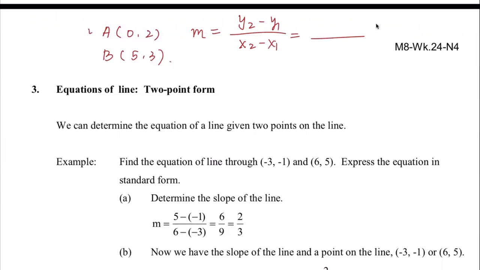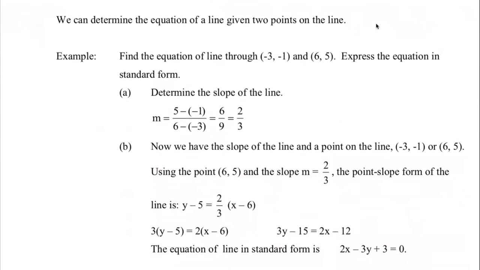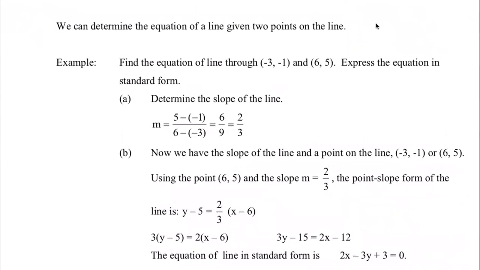And we can pick either of these 2 points to find the expression of the straight line. Okay, let's look at the example. Find the equation of line through -3, -1, and 6, 5. Express the equation in standard form.